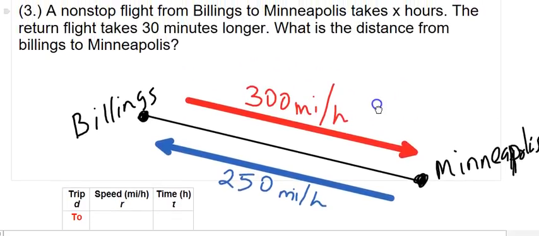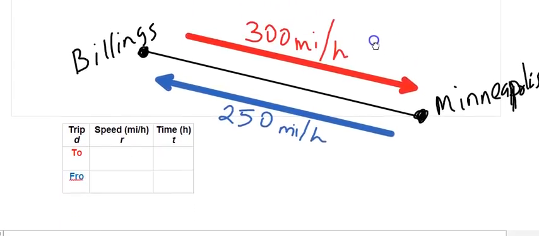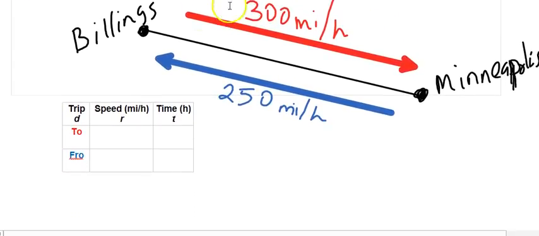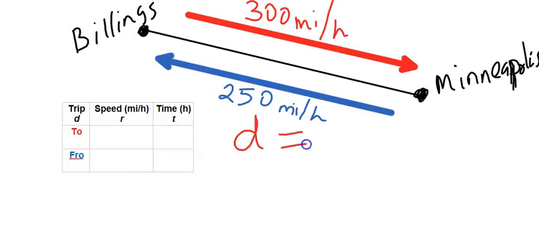So what I encourage you to do is make a table, so let's do that first. And we know that, what's the distance formula? Distance is speed times time, rate times time. So remember that? Distance is always rate times time.